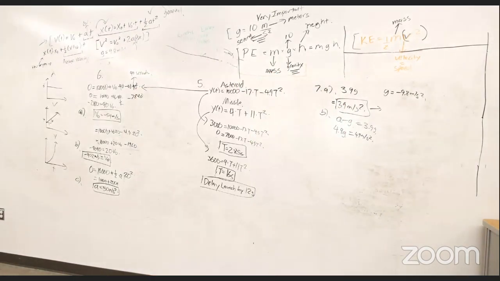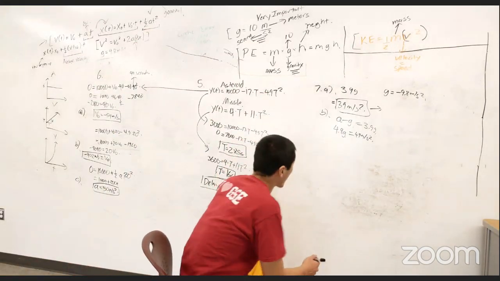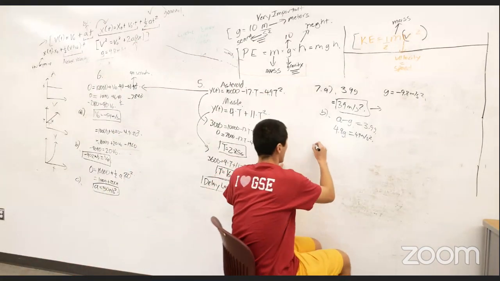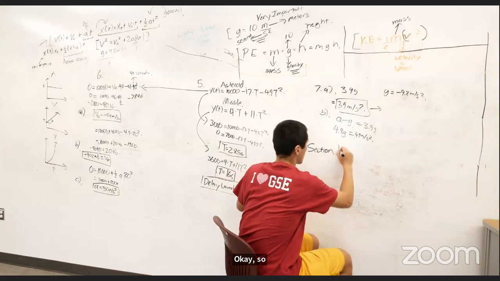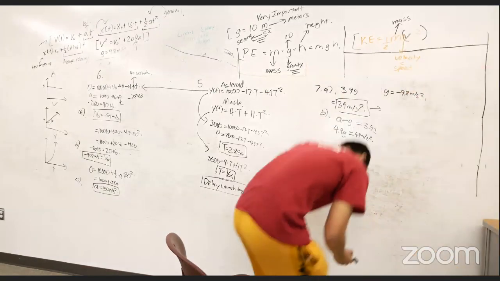Now I'm going to start with section A. Section 1, the rocket has an acceleration of how many Gs? 1.35 Gs. Okay.